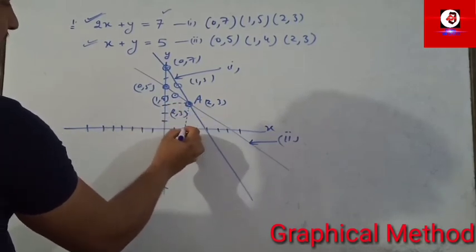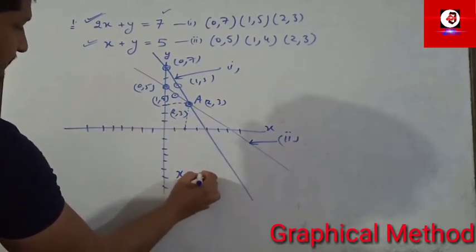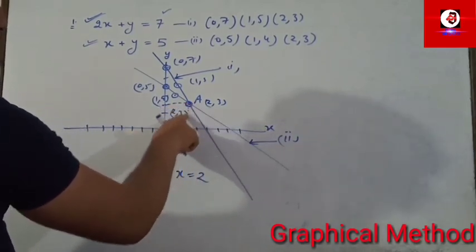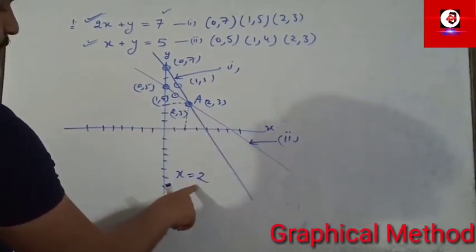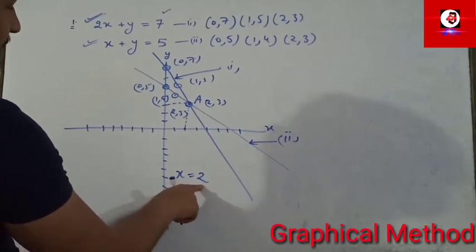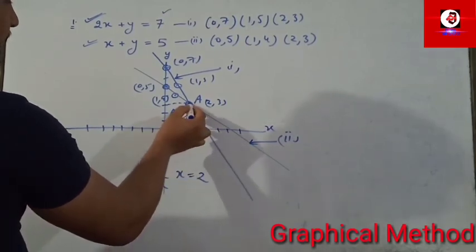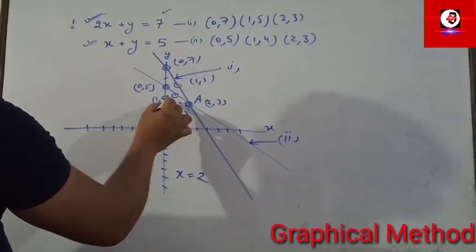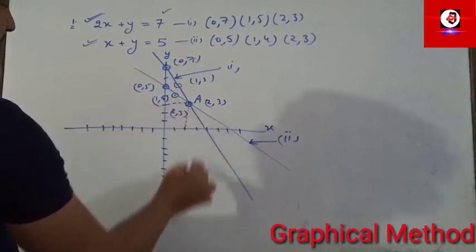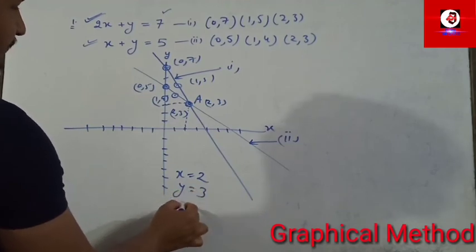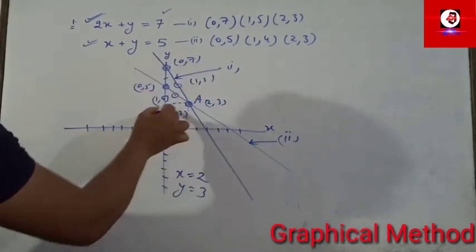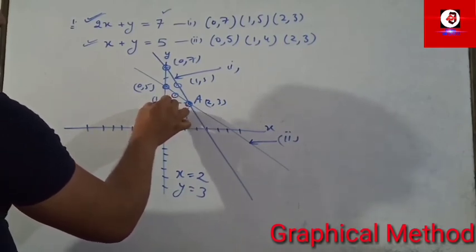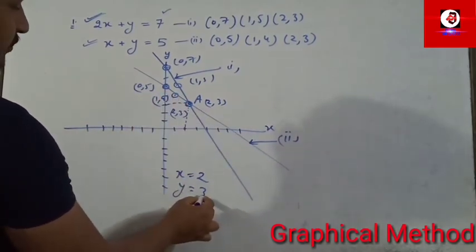So 2 is the answer for x, because this is the x axis and the perpendicular is at 2. Then on the y axis the perpendicular is at 3, so y is equal to 3.